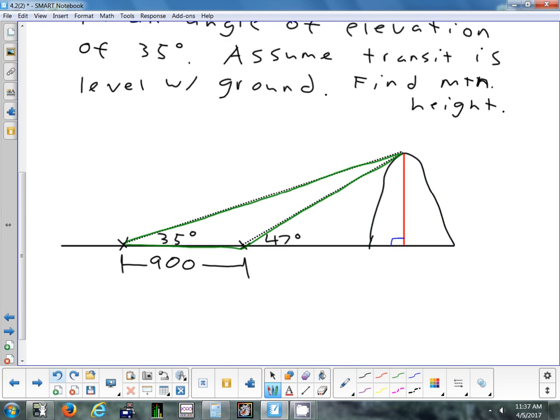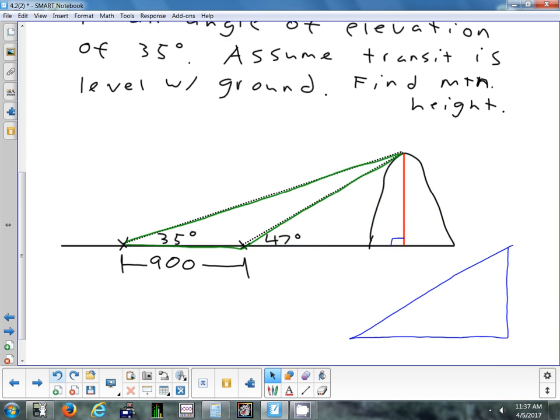But eventually, I want to do something with this triangle in blue. I just don't know any sides yet to be able to do anything with it. So we'll come back to that triangle in blue in a little bit. But anything else I can label about this triangle in green?